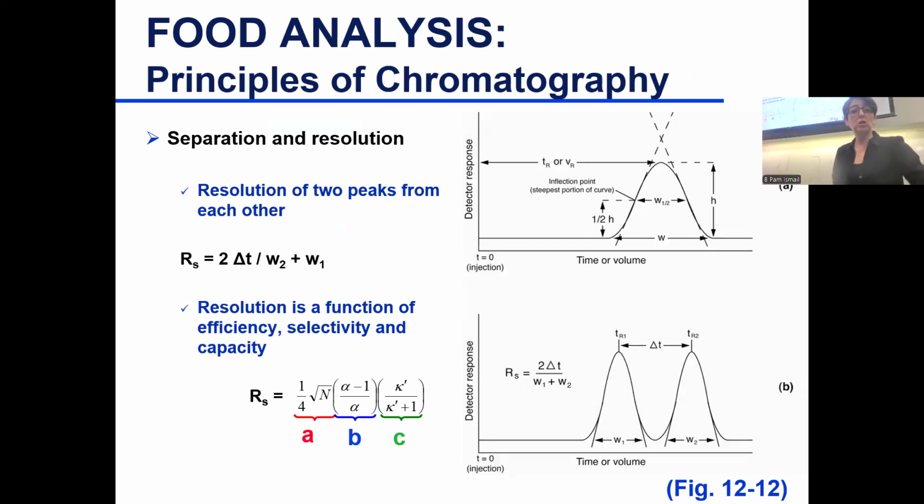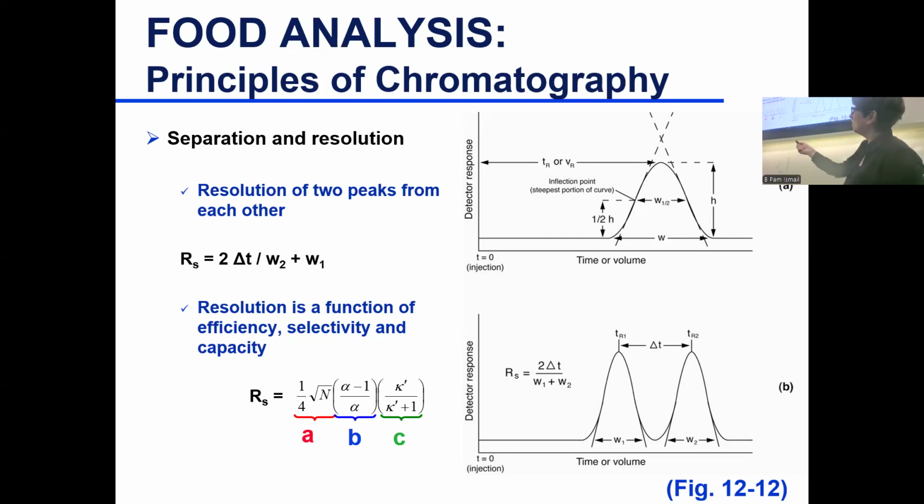So the resolution of two peaks is what you see there. RS stands for resolution. It is 2 times delta T, which is the difference in retention time of the two peaks, peak number 2 and peak number 1, divided by the widths of peak 2 and peak 1.